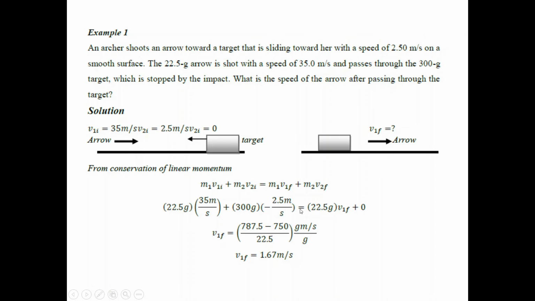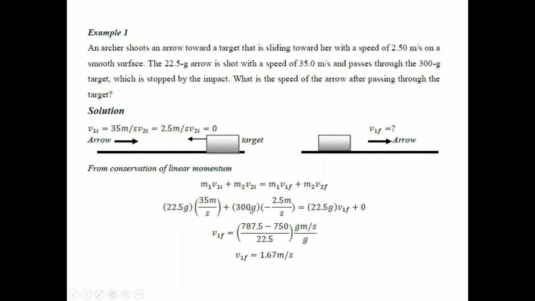This is equal to mass 1, which is 22.5 gram, times v1 final, which is the speed of the arrow, plus mass 2, which is 300 gram, times the speed, which is 0. After the arrow passes through, or ejects from the target, the speed of this sliding object is 0. That's why we have a result of 0.